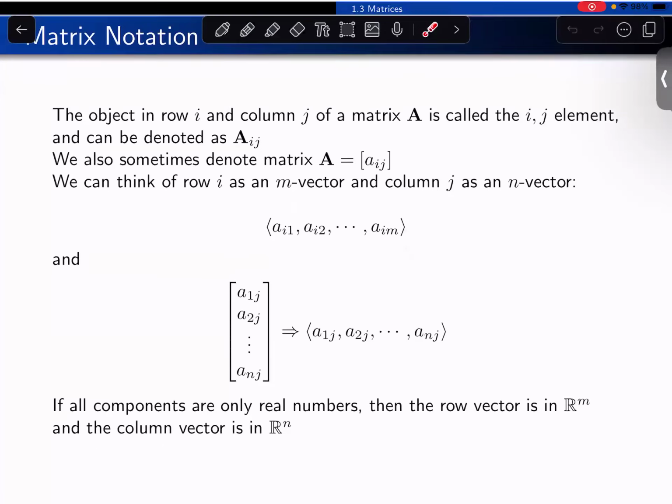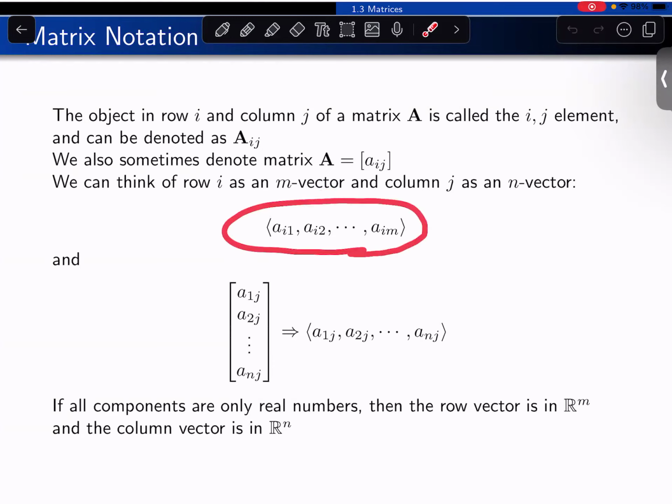Okay, and then some more notation that's going to be common throughout this class. We can think of the ith row as an M vector. What I mean by an M vector is a vector with M elements or entries inside of it. So this is an example of the ith row of an M by N matrix. Or I guess this would be an N by M matrix.